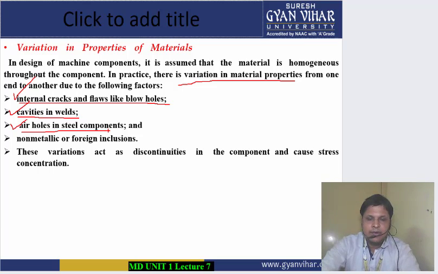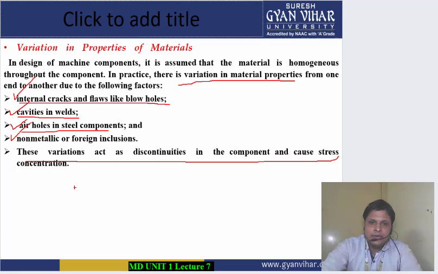While manufacturing the steel, there might be some air holes which have been left. Then there might be some non-metallic or foreign element in that particular product. So that also creates a variation in the property of materials. These variations act as discontinuities in the component and cause stress concentration.